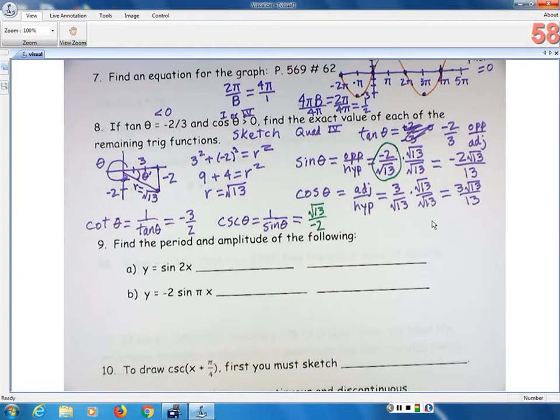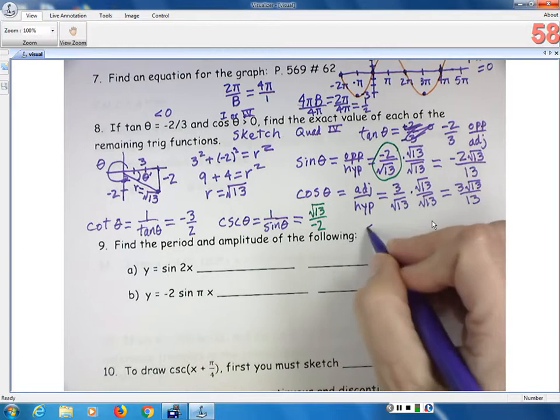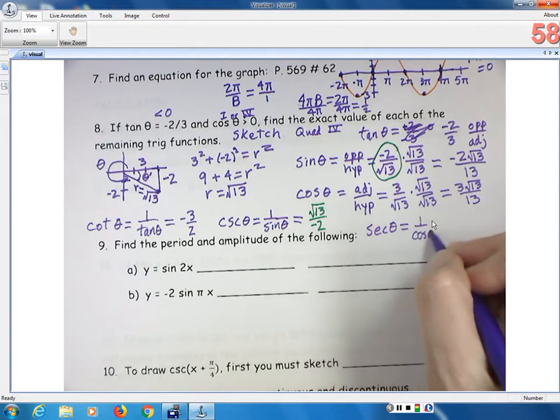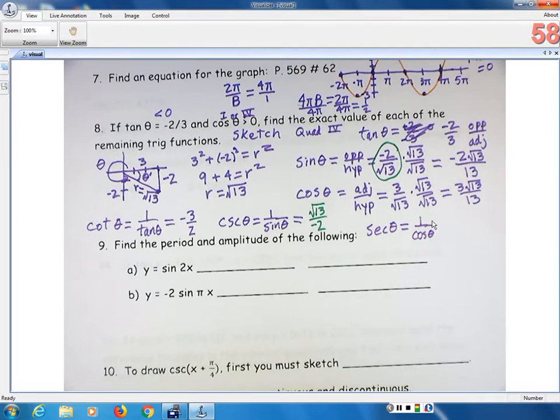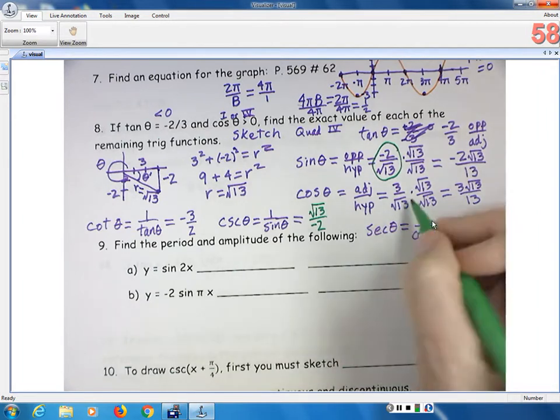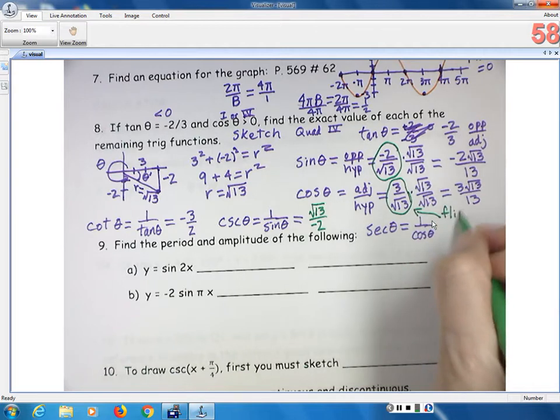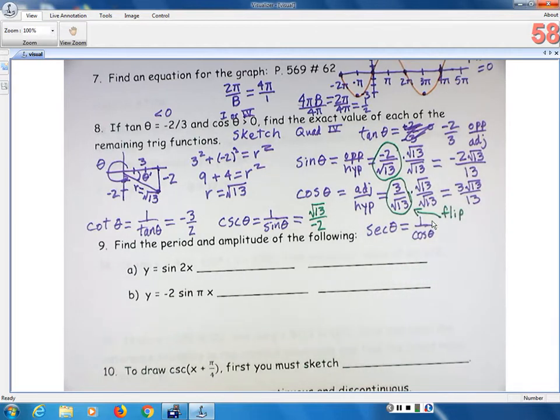Or you could have done, cosecant is hypotenuse over opposite, but I usually do it this way. Secant is 1 over cosine. So we don't want to flip the simplified version; we want to flip the unsimplified version. So we're going to flip this: square root of 13 over 3. And it's already rationalized.